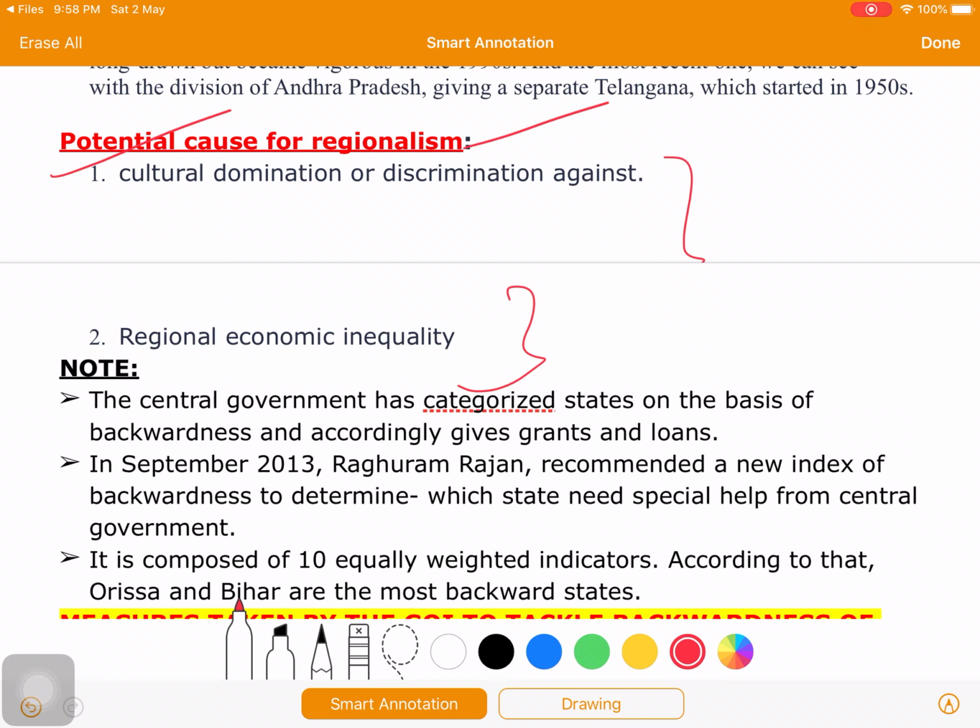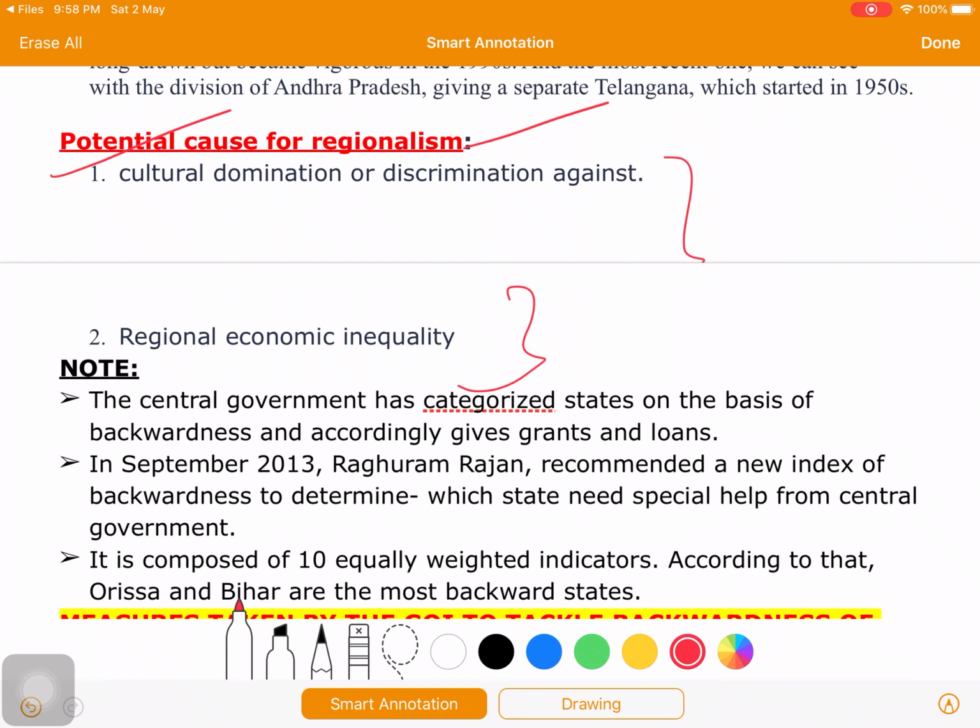And hence we need to understand that the central government has categorized the states on the basis of backwardness. The word backwardness does not have any particular technical definition, even though, according to definitions that have changed frequently over a period of time, grants and loans were given to the states.